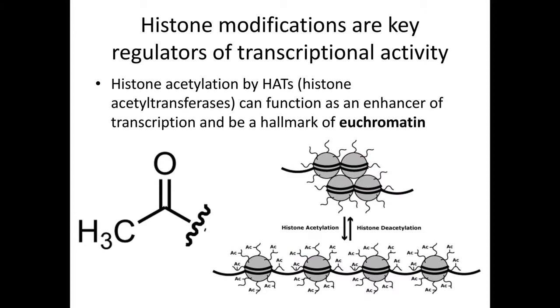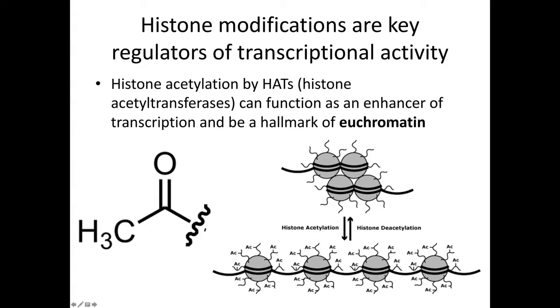So one of the very important modes of modification of histone tails is something called histone acetylation. Here's an acetyl group. It's this carbon, this methyl group here, with the oxygen with a double bond here. The way that histone acetylation works is it's thought to function as an enhancer of transcription and as what is called a hallmark of euchromatin.